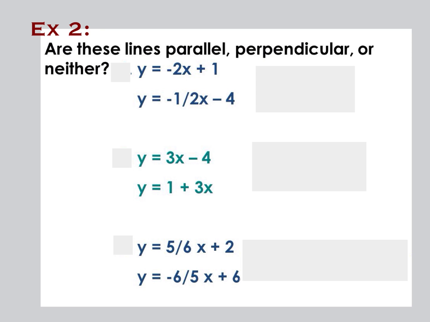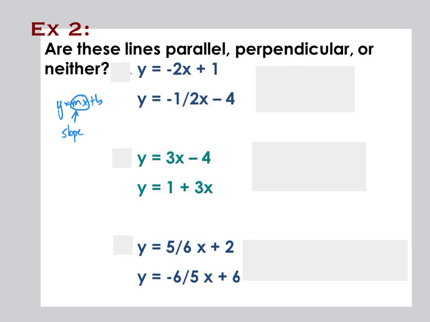Okay. So when we look at these, we said that on our equation y equals mx plus b, the m is a slope, right? If m is a slope, it's always connected to that x right there. So we always look at the number that's right in front of the x, and it'll tell us what the slope is.